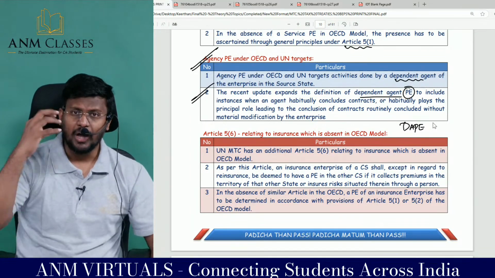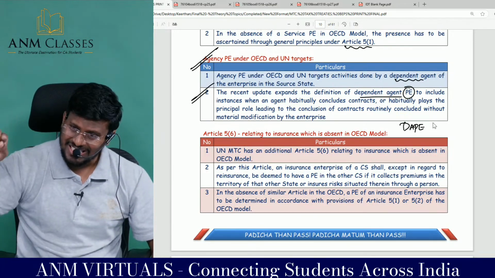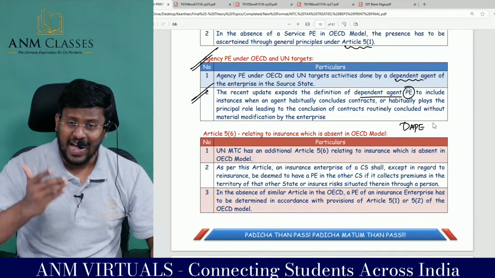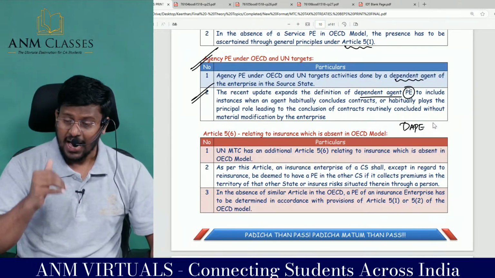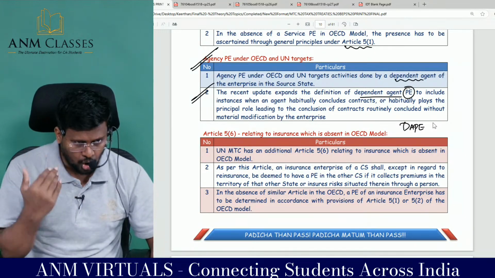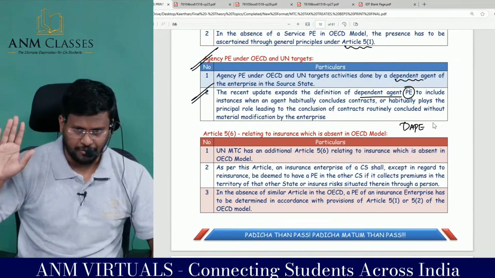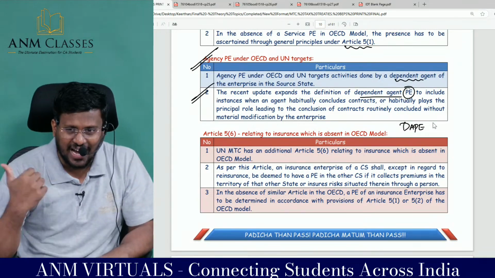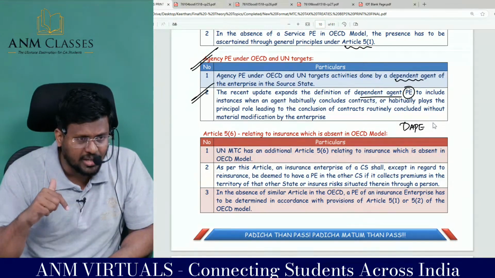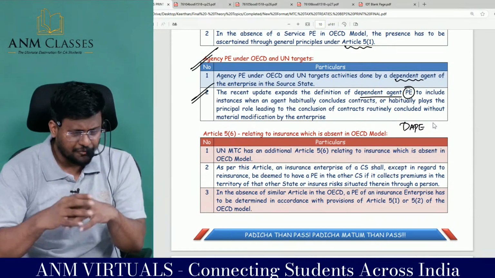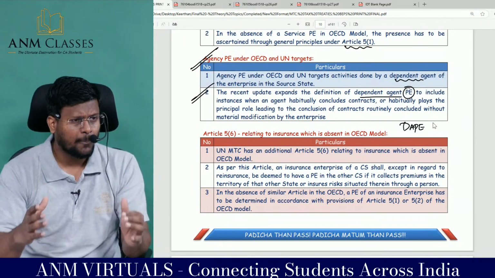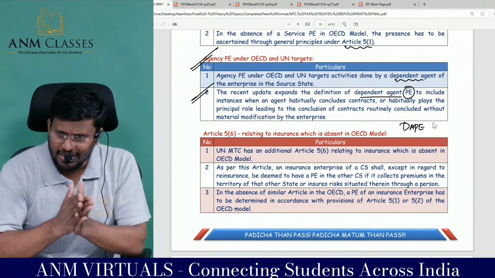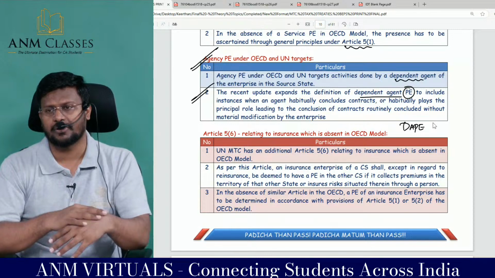That means on behalf of the enterprise situated outside India, one dependent agent is situated in India and he is materializing the contract, and that materialization is not revoked by the head office or the principal situated outside India, then we can say that the enterprise has a permanent establishment in India. Because if there is a permanent establishment, business profit can be taxed in the source state. Otherwise, the business profit will be taxed in the resident state. That is a general principle, right?